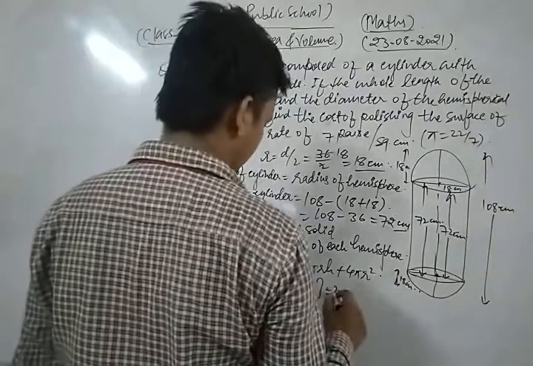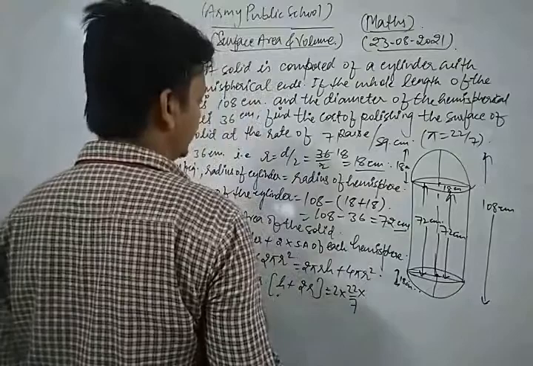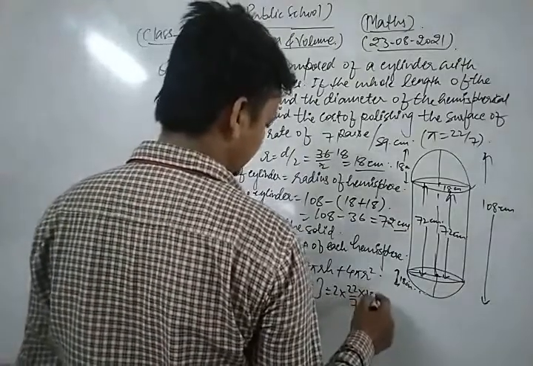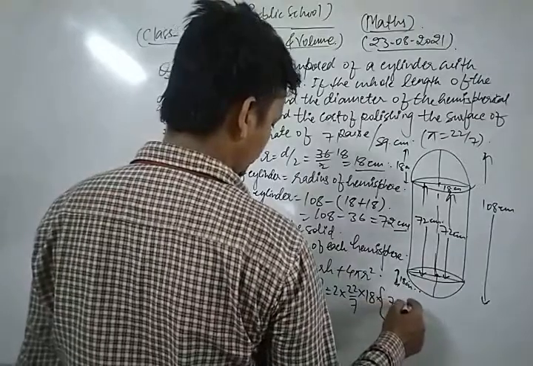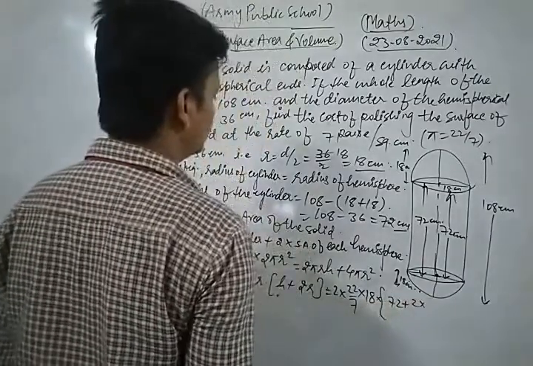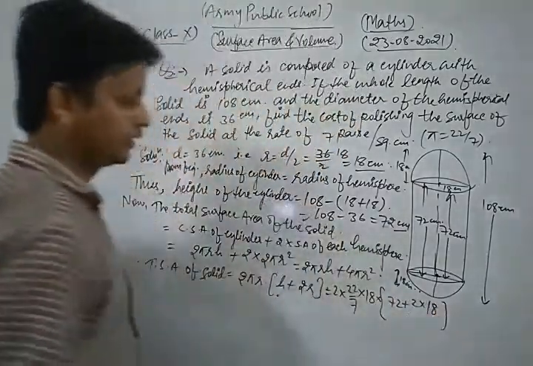So we get 2 into 22 upon 7 into the radius 18 into (h, that is 72, plus 2 into r, that is 18). Now we simplify.